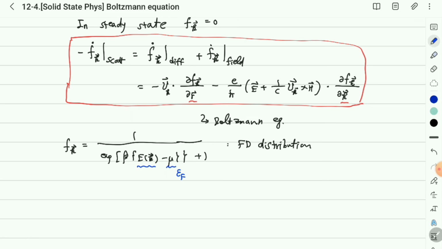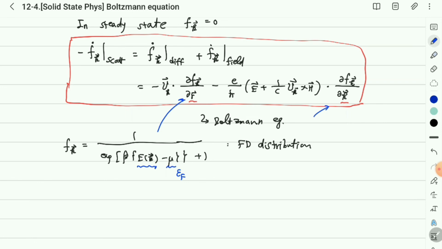At finite temperature, the chemical potential can be changed by thermal excitation, but in general, the chemical potential can be approximated by the Fermi energy. Therefore, the Fermi energy can be measured by UPS or XPS measurement, and the electronic dispersion relation can be calculated from first principle calculation. When we substitute this energy term, the Fermi-Dirac distribution function can be calculated.